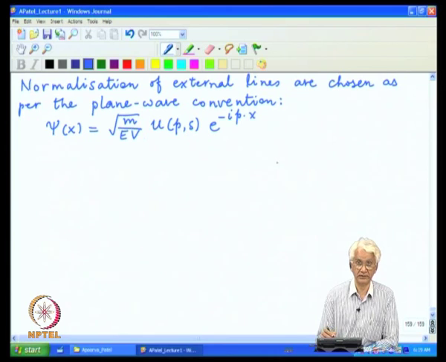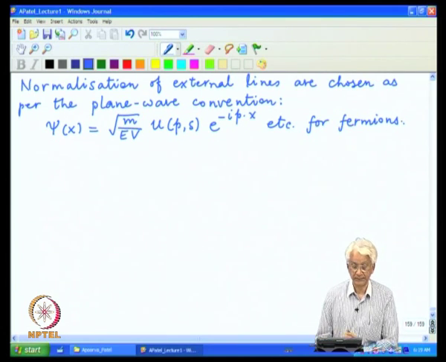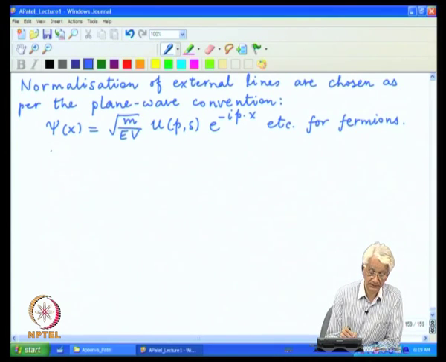V is just the box normalization for unit volume, and the spinor is u or v depending on the positive or negative energy solution.